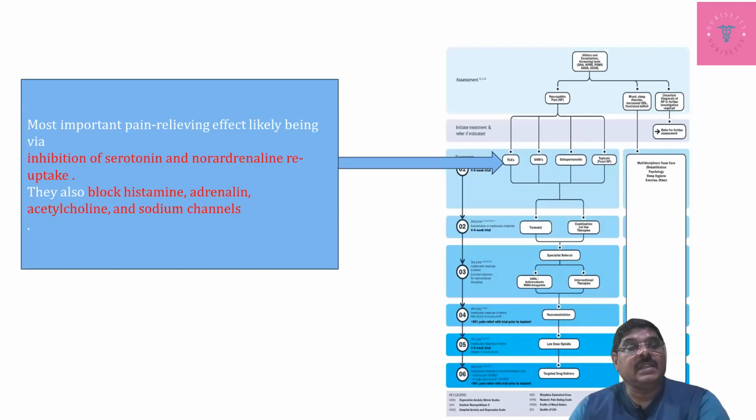Their most important pain-relieving effect is likely via inhibiting serotonin and noradrenaline reuptake. After being released into the synapse and activating inhibition, the mediators are immediately taken up by the presynaptic end; that reuptake is inhibited by these TCAs. They can also block histamine, adrenergic, acetylcholine, and sodium channels. Sodium channels are very important.